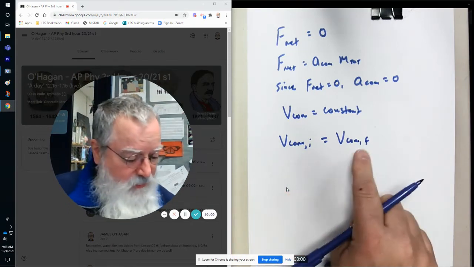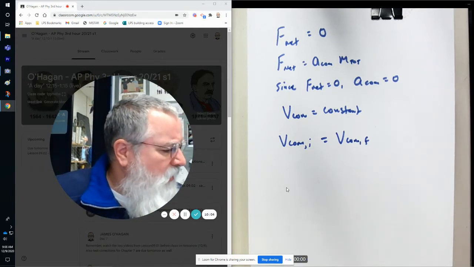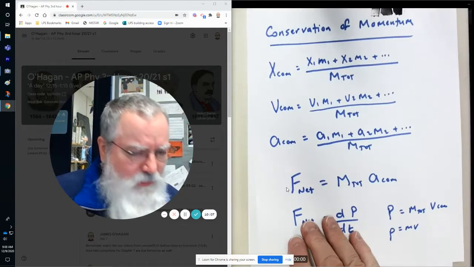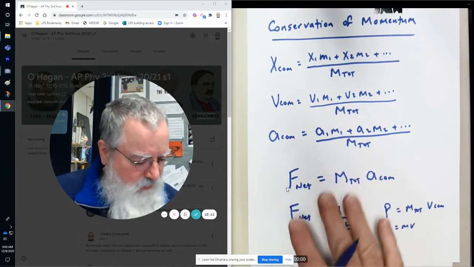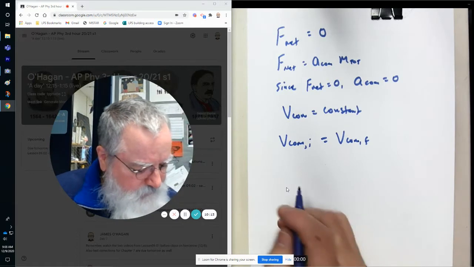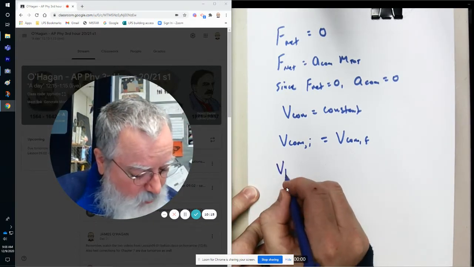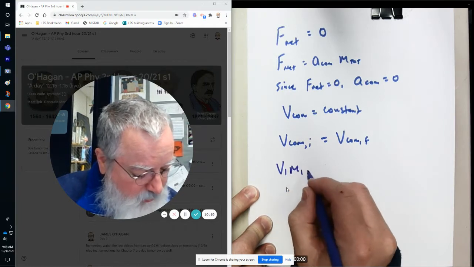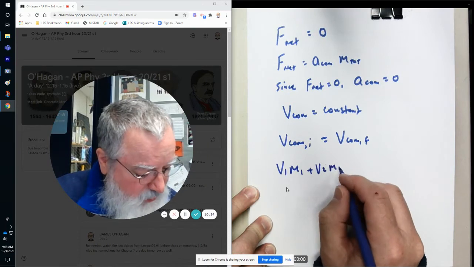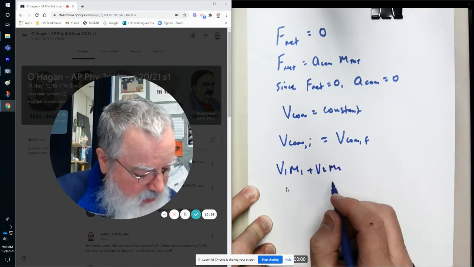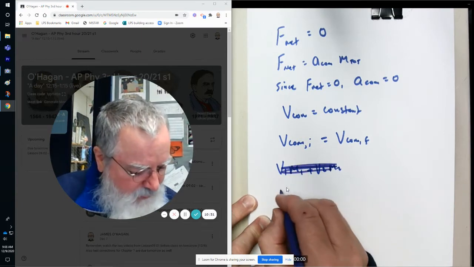Center of mass velocity before equals center of mass velocity afterwards. Ooh, we've got an equation. We know what velocity of the center of mass equals. Remember back here: velocity 1 mass 1 plus velocity 2 mass 2 over mass total. Watch this. Remember it's a two-particle system. I don't like the way I wrote this, so let me write this again.